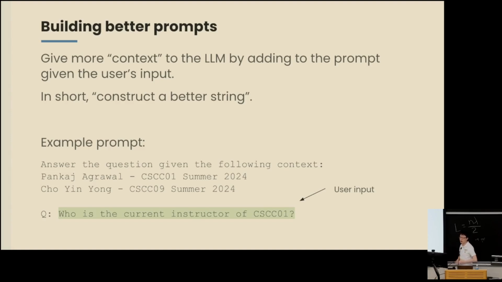So here's the example prompt, right? Answer the question given the following context. And I have Pankaj, CO1, Choyin, CO9, okay? And the user input is not the prompt I'm going to use. It's actually going to be put into this section that I have under there. Given this context, now answer this question. Okay?